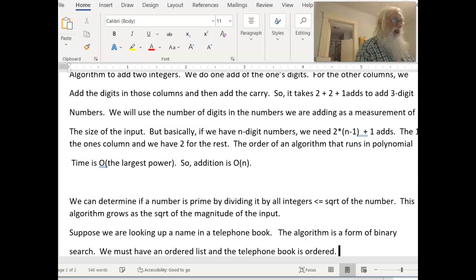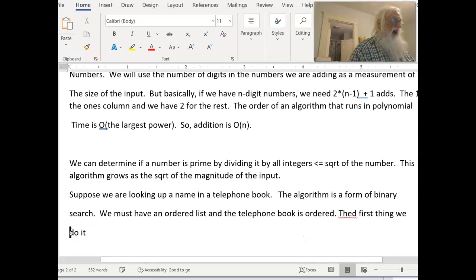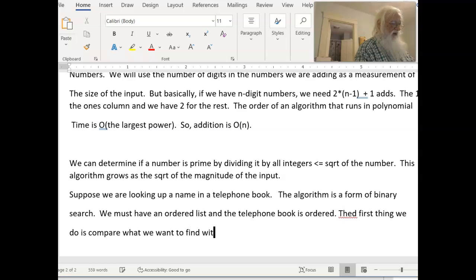Now, the first thing we do is compare what we want to find with the middle of the list. If it's there, great. We are done.